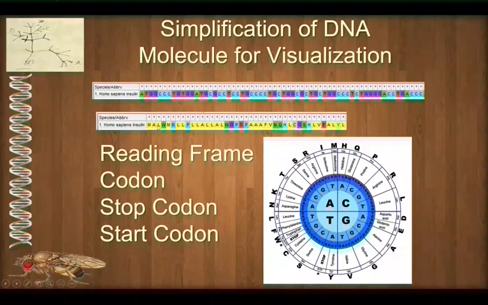Now just be aware that although A appears in both of these, this A represents the nucleotide adenine, A-D, and this represents alanine, A-L. Although the names for them are similar, they are very different molecules. We have only 4 nucleotides. However, there are 20 different possible amino acids.